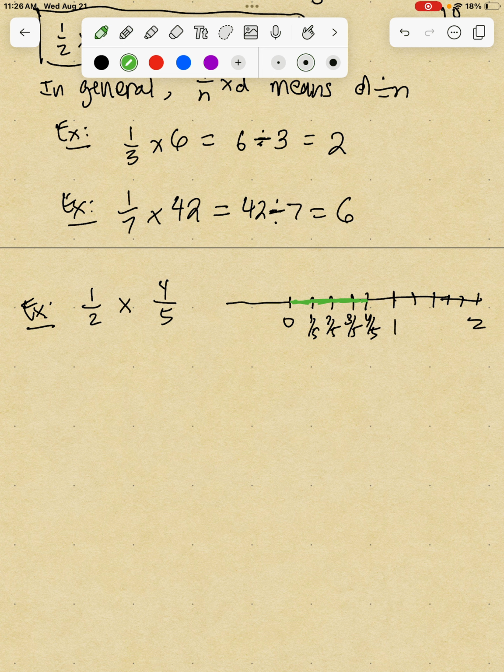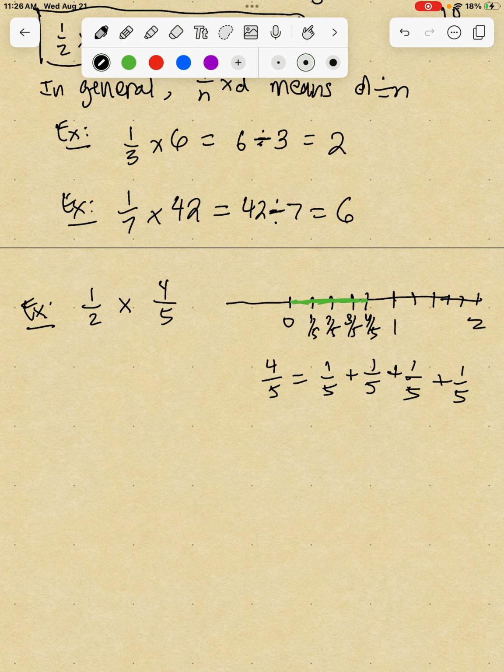And remember, when you're thinking of 4/5, you want to think of 4/5 as 1/5 plus 1/5 plus 1/5 plus 1/5. I have 4 1/5 that I'm adding together.